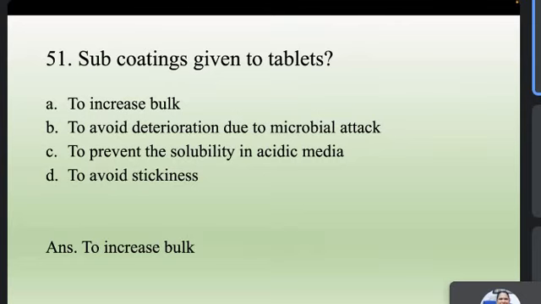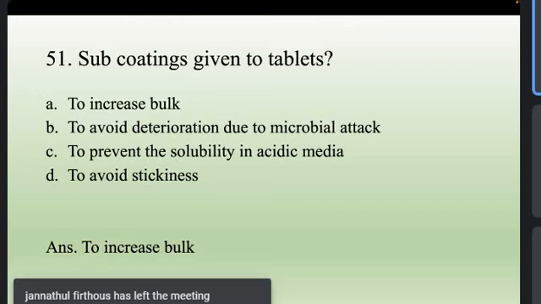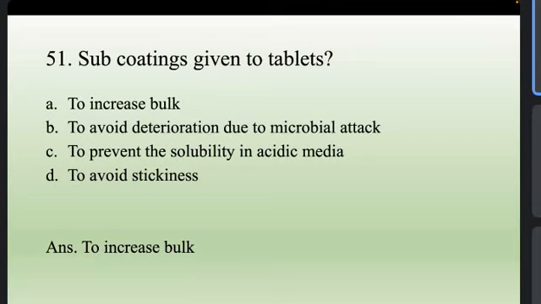You have the active pharmaceutical agent inside, but it may not be as palatable as you need. You just can't pop it in your mouth if it does not have a smooth surface, right? So in order to attain that smooth surface, you need to add a coating.